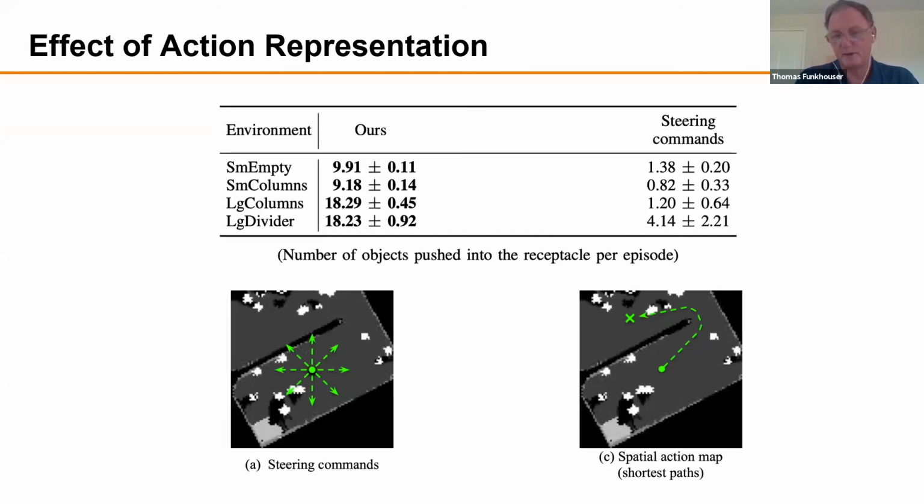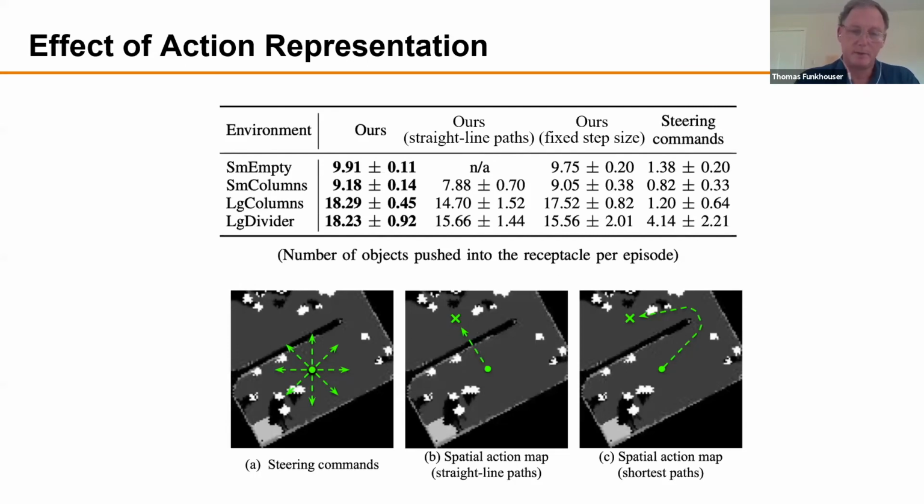And with steering commands, essentially it's just very difficult to learn this task because it takes a long series of steps in order to get useful rewards. And the mapping from the image state to the steering command is very abstract. Whereas in the spatial action map, the simplest thing that the network can learn is basically recognize where the objects are and say go there. And so it's already very easy for it to learn an almost already useful policy.